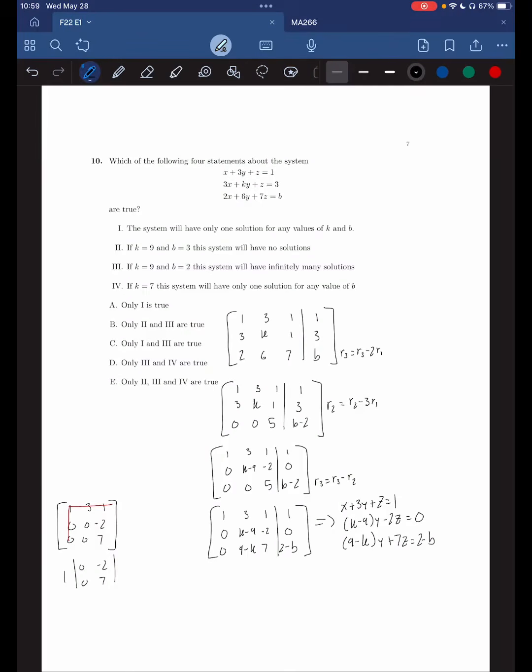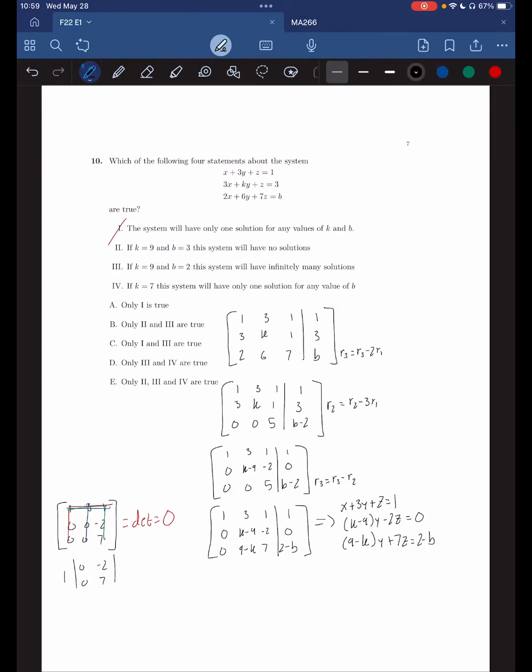And when you take a closer look, that's actually always the case. So this determinant is always going to be 0. So when k is 9, the determinant is 0. And what do we know when the determinant is 0? That means there is no solution to our system. So one is inherently false.